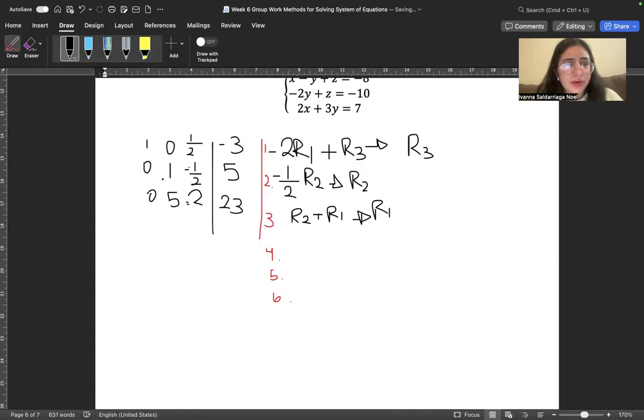And now we try the same with row 3. So we want this number to be 0, so minus 5 R2 plus R3, and they go into R3. So this number will be minus 5 plus 5 will be 0.